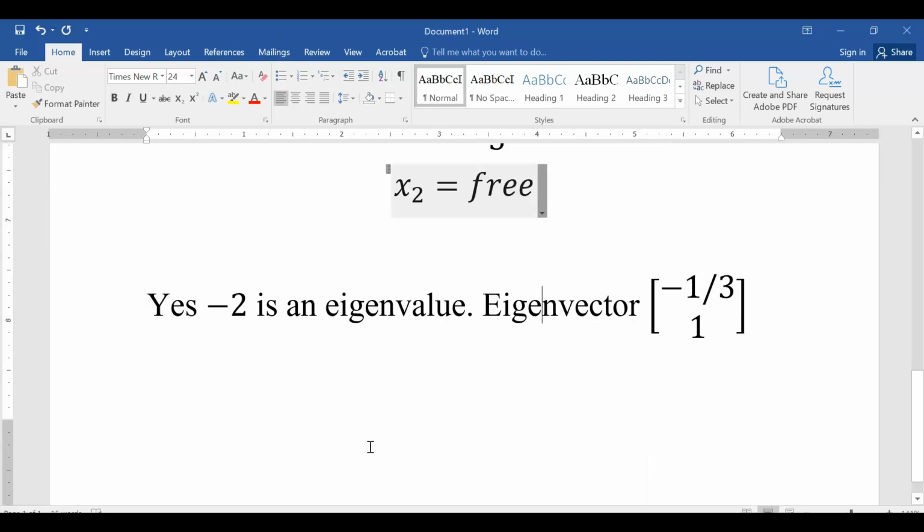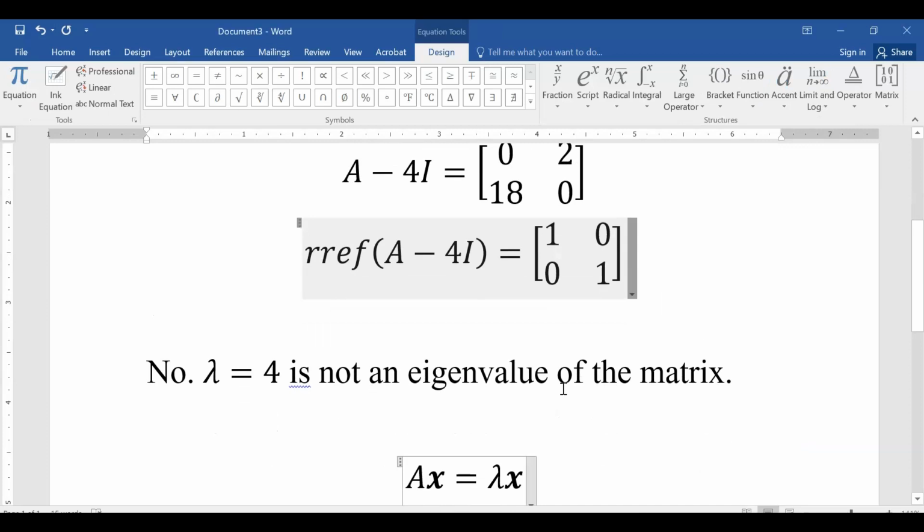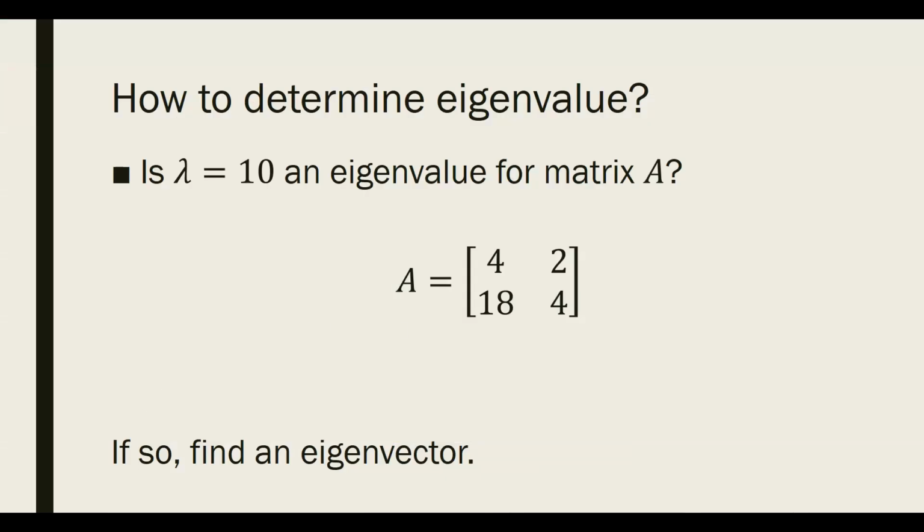All right, so just to reiterate, -2 was an eigenvalue for the matrix, and the eigenvector was (-1/3, 1). 4 was not an eigenvalue. 10 is an eigenvalue, and it has an associated eigenvector of (1/3, 1). Okay. So that's it. That's how to find if a certain number is an eigenvalue for a certain matrix.